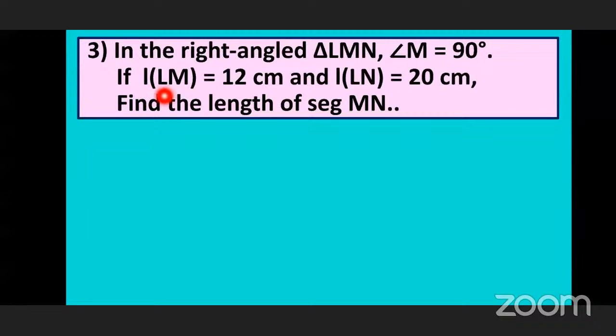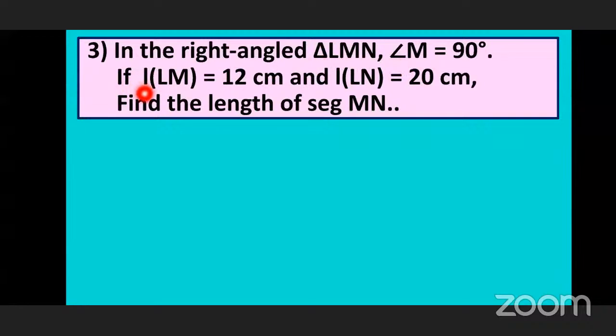I will read the question. You listen carefully. Okay. In the right angle triangle, this is a triangle, sign for triangle, LMN, angle. This is angle. Angle M is 90 degree. This is a sign of angle, and this is a sign of triangle.